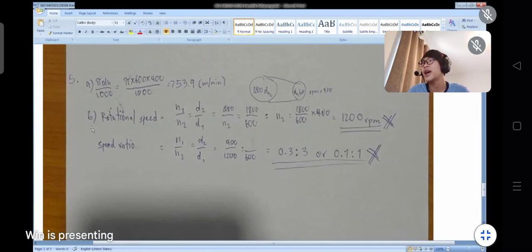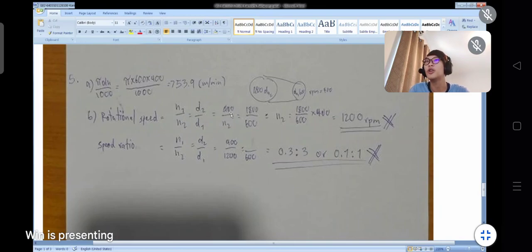B, it asks us to find the rotational speed of the big pulley, and the speed ratio. So we use this formula, N1 divided by N2 equals D2 divided by D1. We have three values that we know, so we put that here.